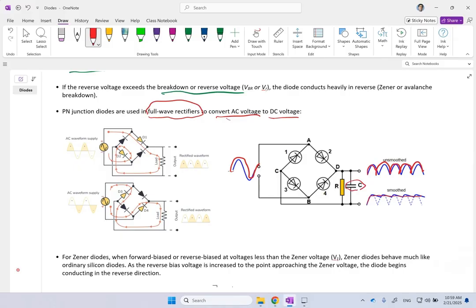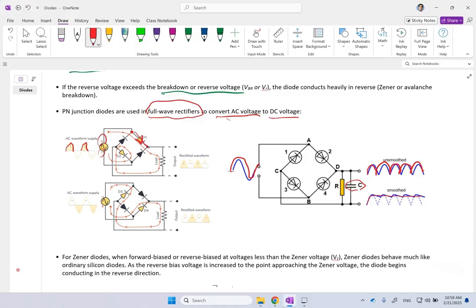So how does it work? In the positive part of the sine wave for AC, this side is positive, this side is negative. Remember that in diodes, you only go in the direction of the arrow. So when the positive voltage comes here, this arrow is available, this D1, so it goes through D1.